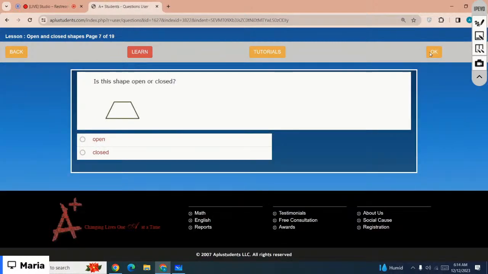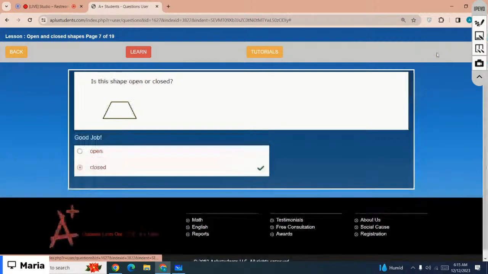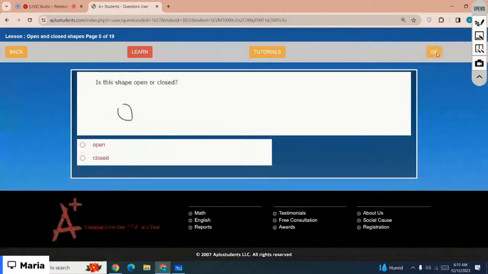Is this shape open or closed? Yes, it is closed. Is this shape open or closed? Yes, it is open.